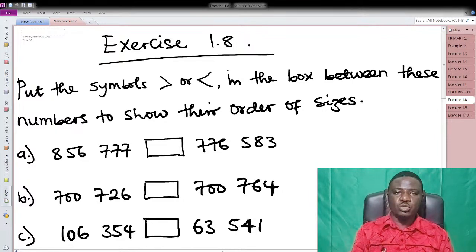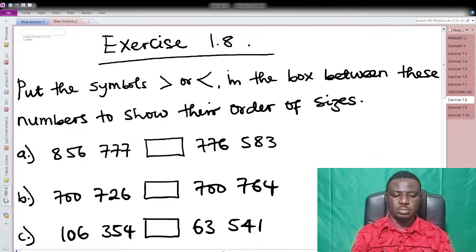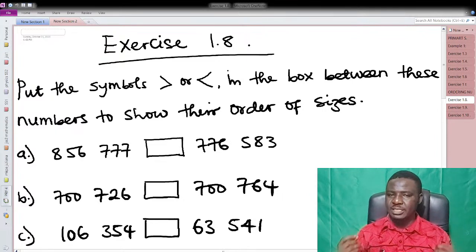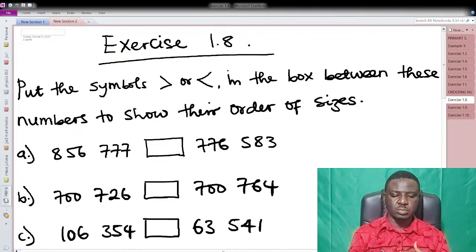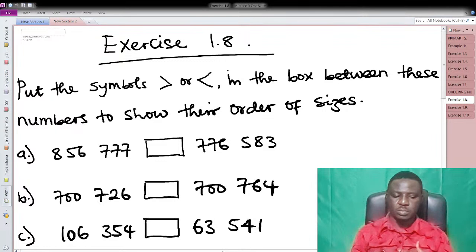All I need you to type is either greater than or less than. In A, what should be the symbol? Is it greater than or less than? Type it in the comment section.